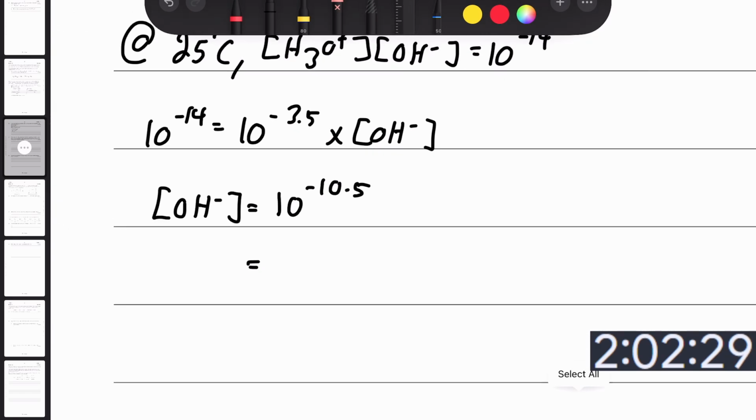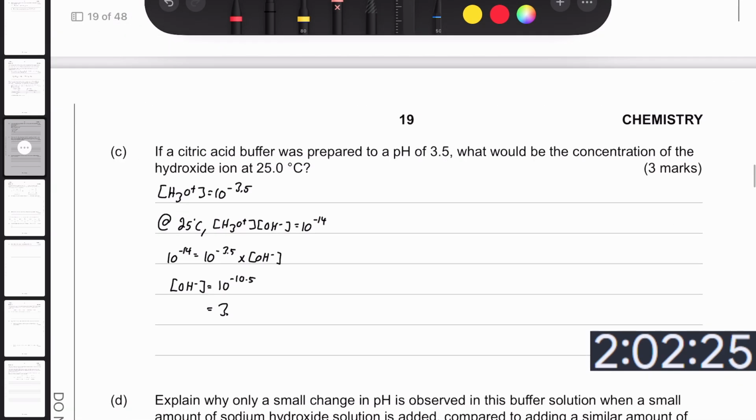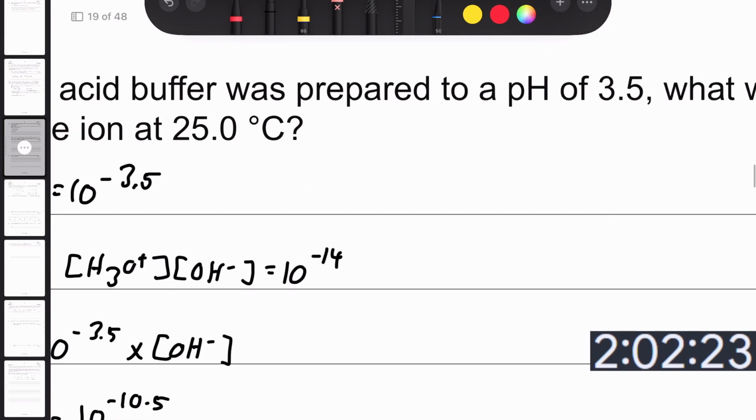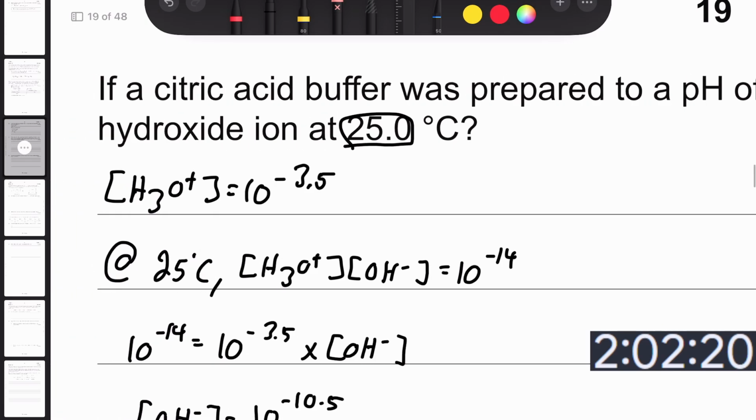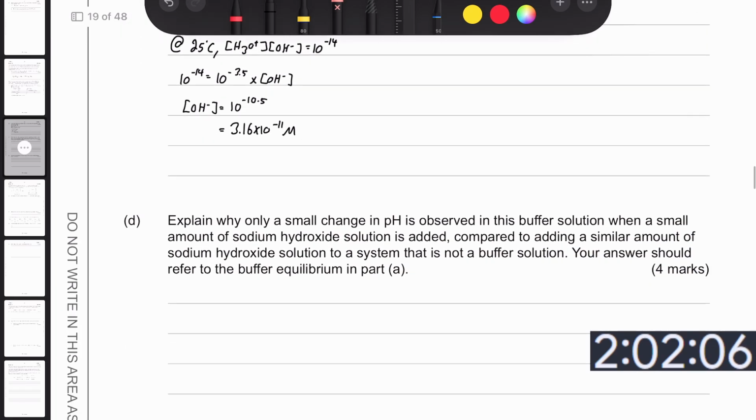So 10 to the power of negative 10.5 is just going to be 3. How many sig figs am I doing here? 25 degrees Celsius, that's 3 sig figs, or 25.0. 3.16 times 10 to the negative 11 moles per liter.